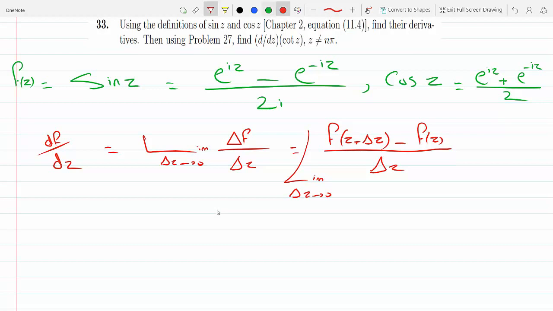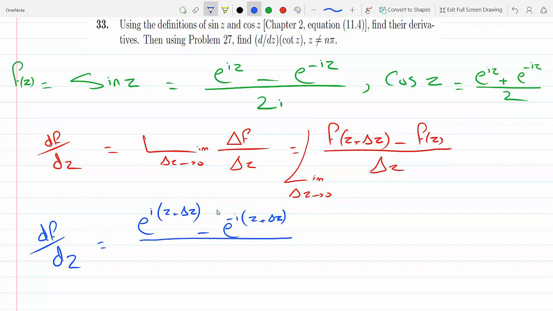So df over dz will be e to the i times z plus delta z minus, so I'm doing the sine now, e to the minus i times z plus delta z, all over 2i, minus the original, e to the iz minus e to the minus iz over 2i.